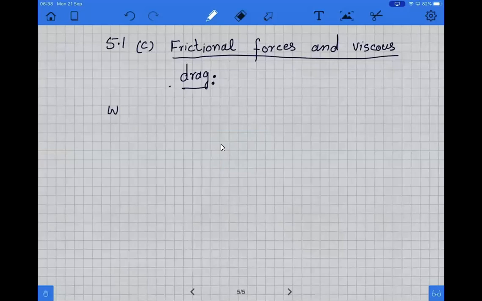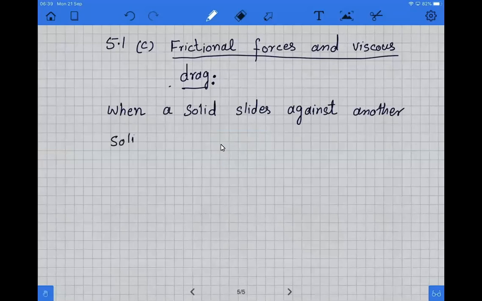Now, when a solid slides against another solid, it develops a sliding friction.